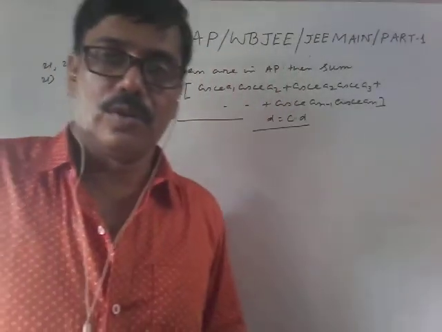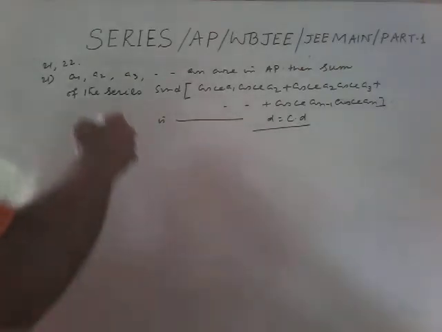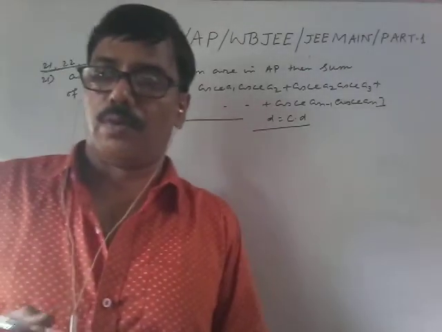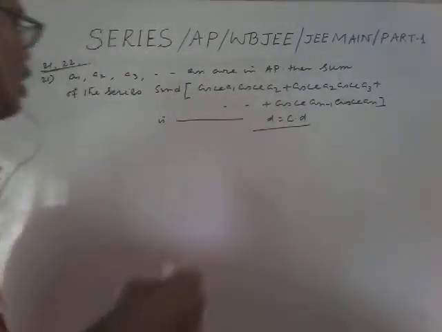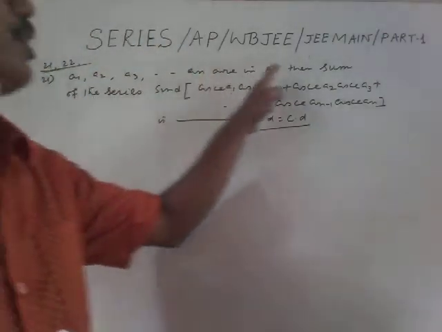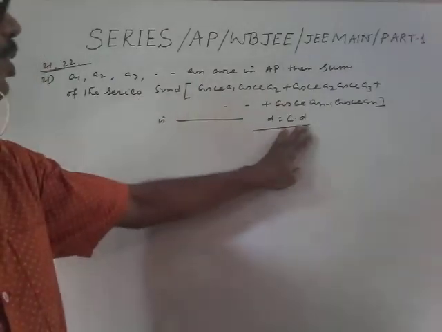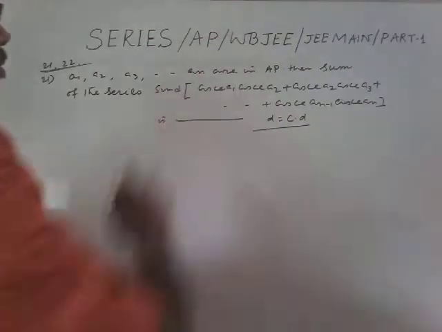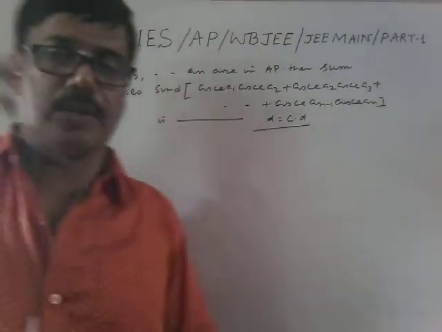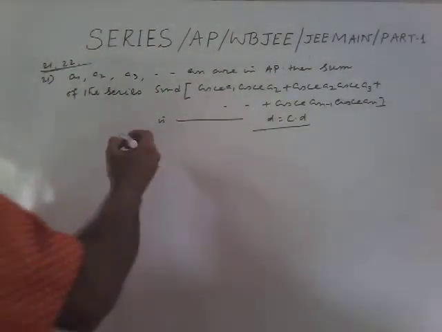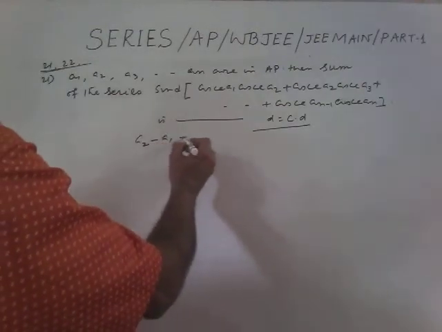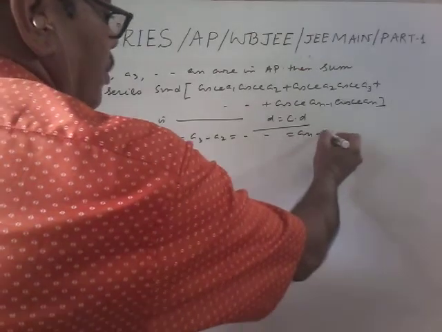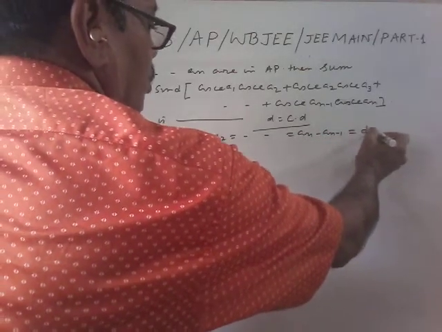Now we consider 21 and 22, they are of the same type. We solve problem number 21. So a1, a2, ..., an are in AP with common difference d. Then find the sum of the series. So they are in AP, so a2 - a1, a3 - a2, ..., an - a(n-1) equals d.